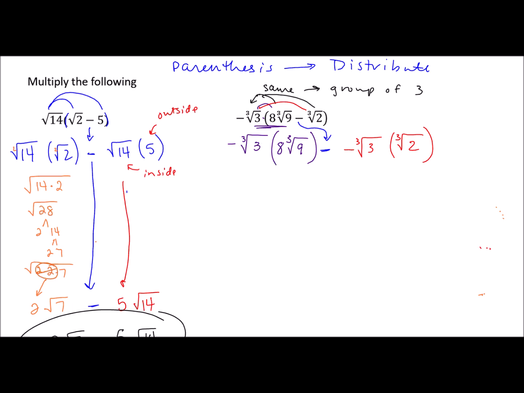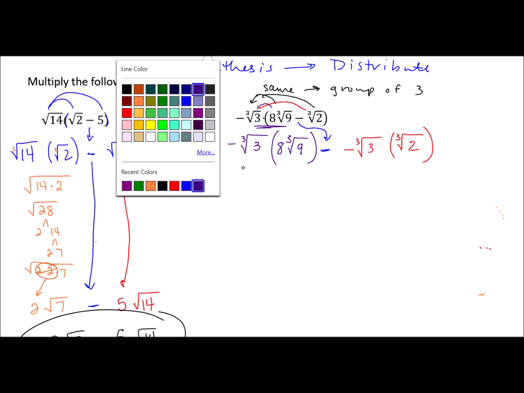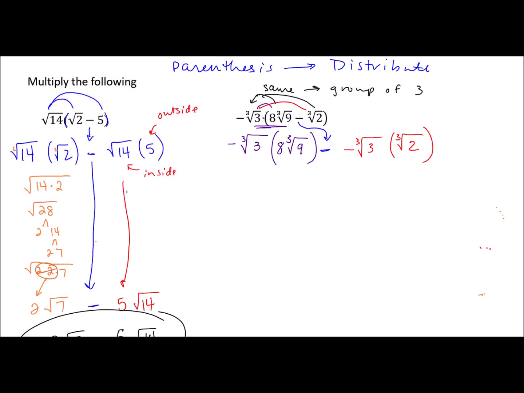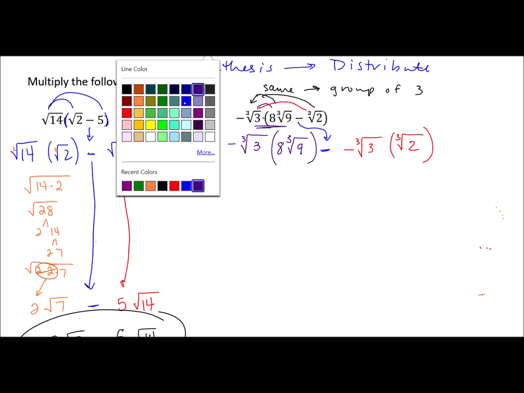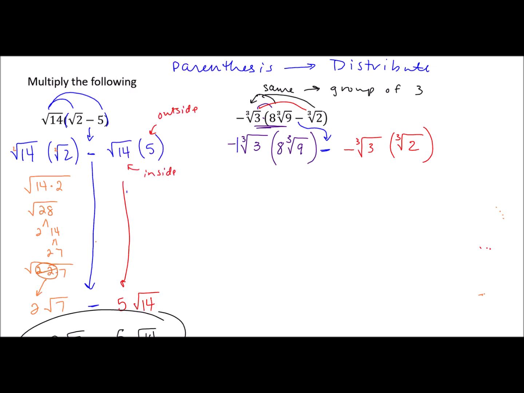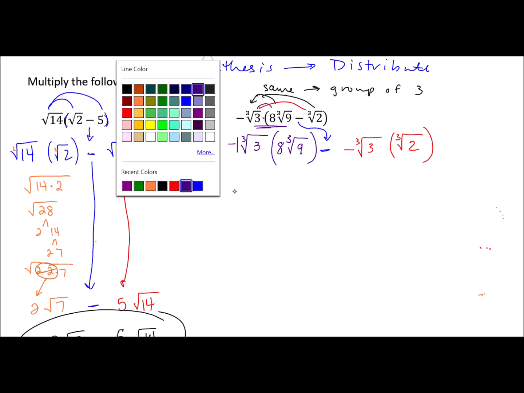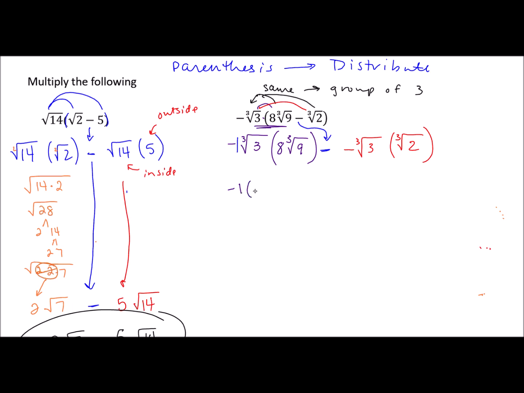Okay, so I'm going to look at this first set. Okay, I've got to multiply my outside numbers together. If there's no number written, we assume it to be a 1. So my outside numbers are negative 1 times 8. And then my shelf numbers match, so I can combine these guys into one radical. That's the cubed root of 27, which is actually just the cubed root of 3 times 3 times 3.